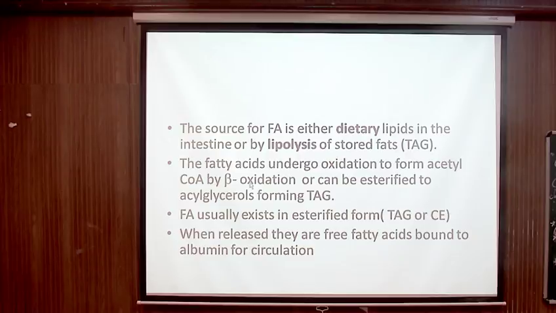You have alpha oxidation, omega oxidation, etc., but the major kind of oxidation to yield energy is beta oxidation. If it is in excess, it can be esterified back into triacylglycerol and kept in the adipose tissue. Today's class is only about beta oxidation.